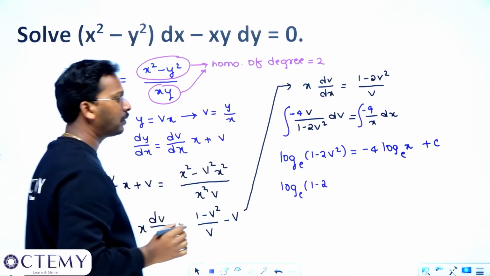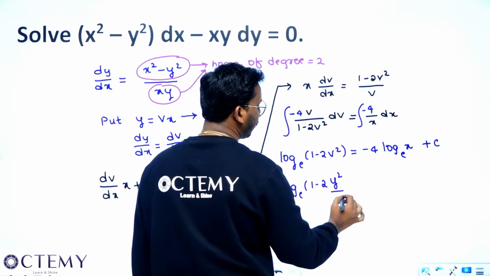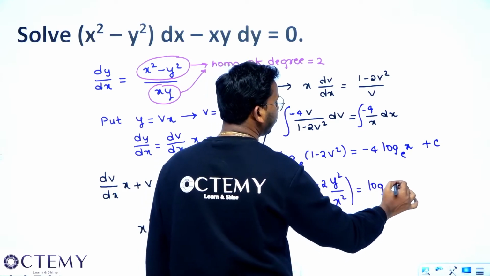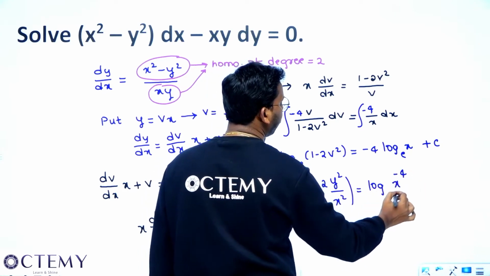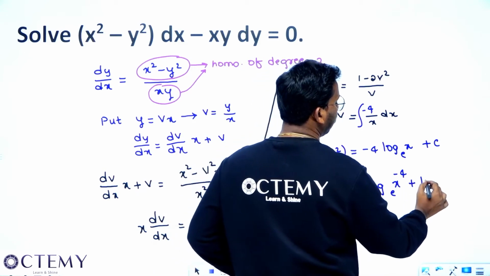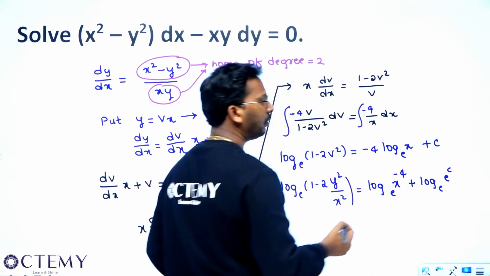So v square will become y square divided by x square is equal to, can you write it as log x power minus 4 base e, and can I write it as log base e power c? Yes sir, then that will become c only.